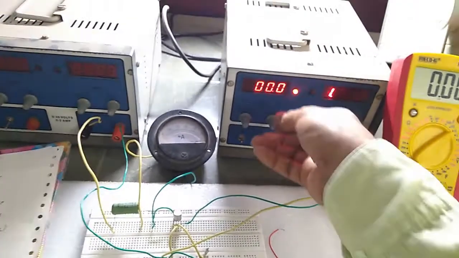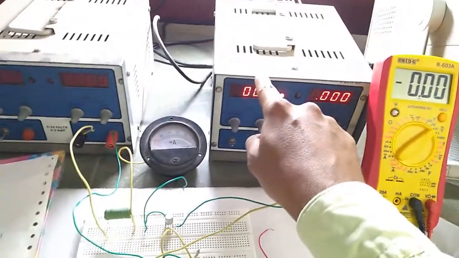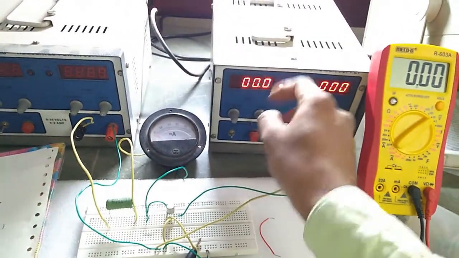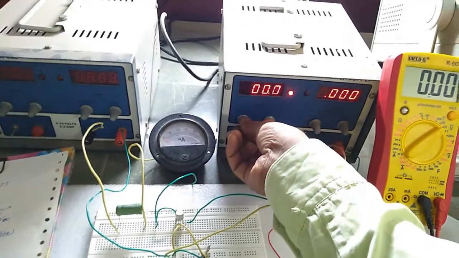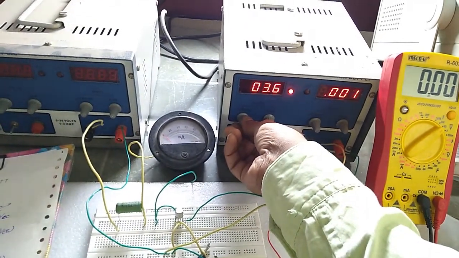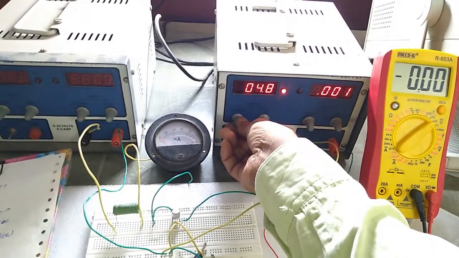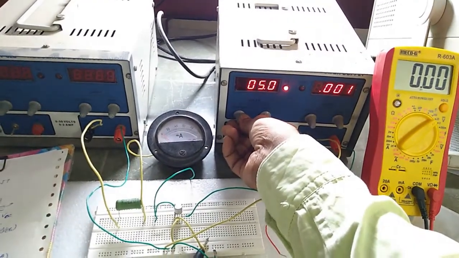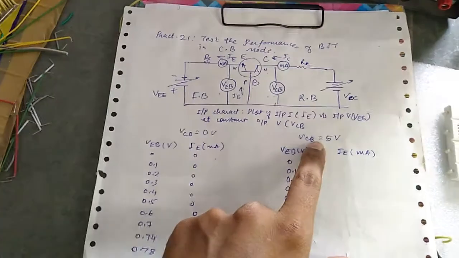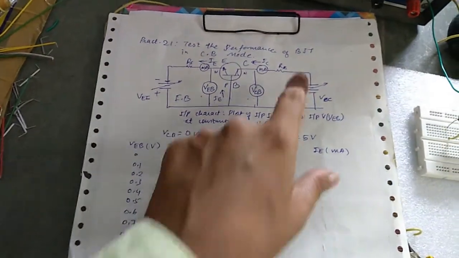Now it has an inbuilt voltmeter. Increase the voltage to 5 volts. So this will be our collector to base voltage, 5 volts. So we have increased VCB to 5 volts, that is this voltage.